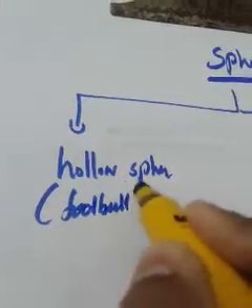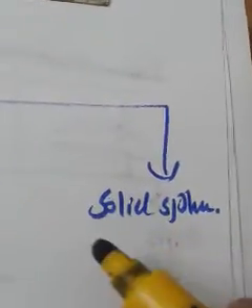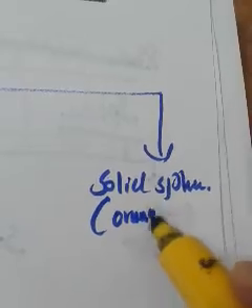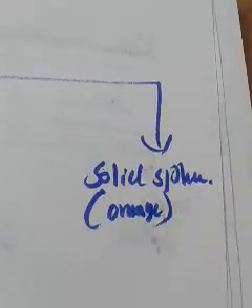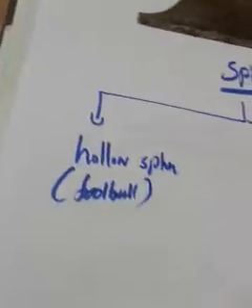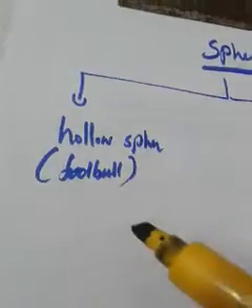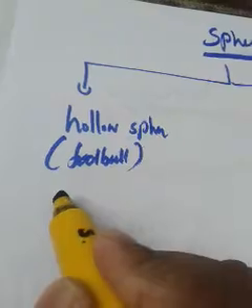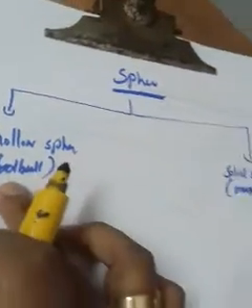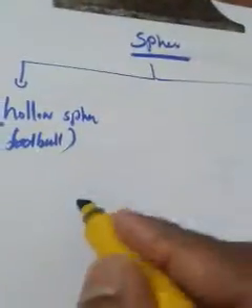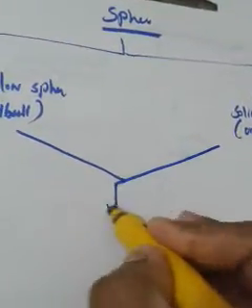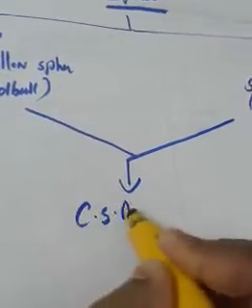Football is the perfect example of a hollow sphere. For a solid sphere, there should be some content inside, like an orange. Orange is the best example of a solid sphere. Okay, and think about the hollow sphere first. In the case of a hollow sphere and a solid sphere, is there any difference for the formula of curved surface area?